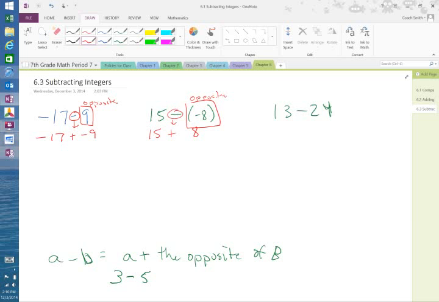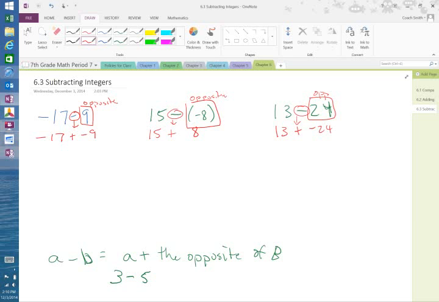Kennedy, what'd you get? Yes. 13 plus negative 24. Because that changes to addition, and then we do the opposite of the 24, which is negative 24.